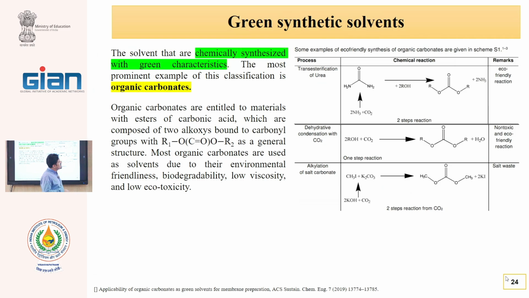Most of these solvents, you see, have a carbonate base. These are organic carbonates with organic groups. Most of these categories have this structure, and by changing R1 and R2, we can change the solvent properties for dissolving our polymers.